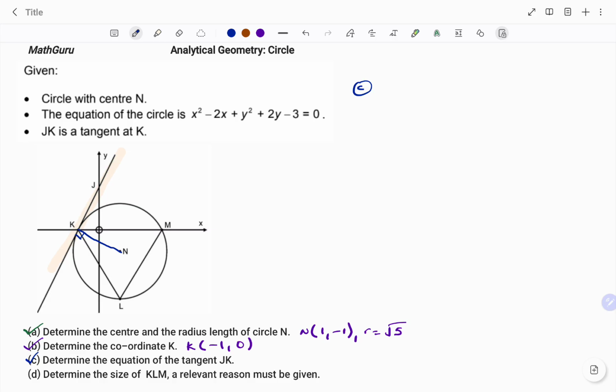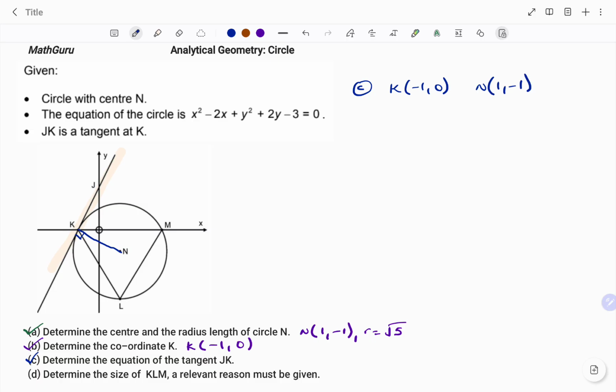I already have the coordinates of K, which is -1 and 0, and I have the coordinates of N from my previous calculations, that's 1 and -1. So I'm going to use one of the rules of analytical geometry that states that if we have two lines that are perpendicular and I multiply the gradients, it's going to give me -1.